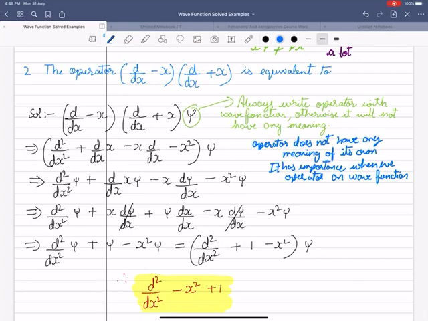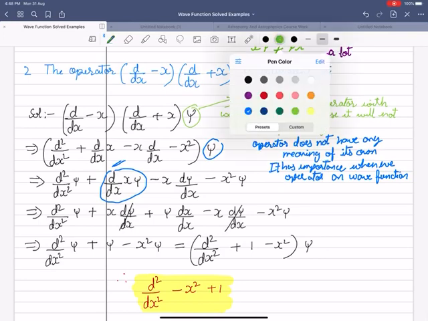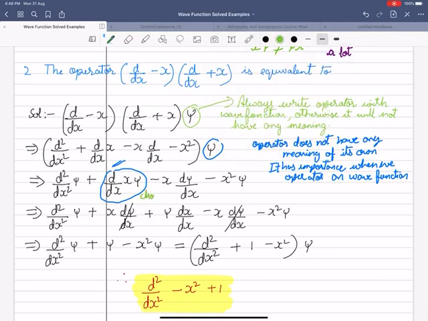When we operate and solve, you have to remember that in this you will have to apply the chain rule.